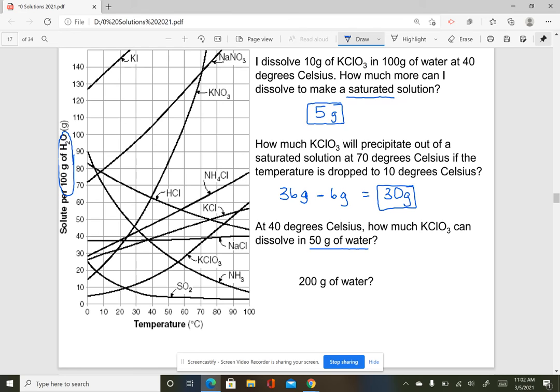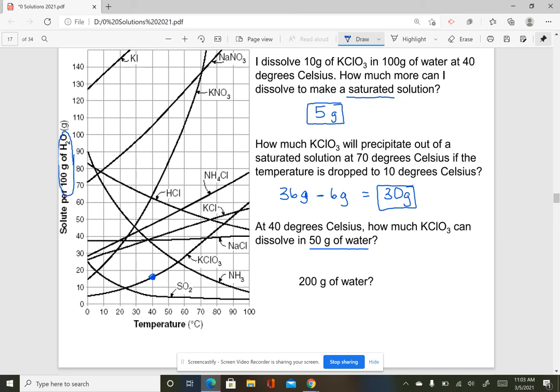So if the question gives you any other amount of water, you have to adjust your answer appropriately. So first, let's go to 40 degrees Celsius and let's go to KClO3. Okay, so if I have 100 grams of water, I should be able to dissolve about 15 grams of KClO3, right?